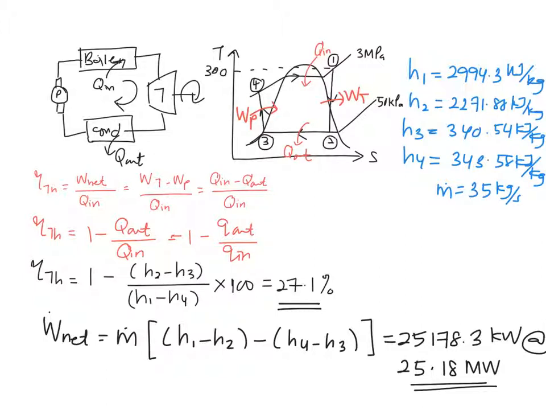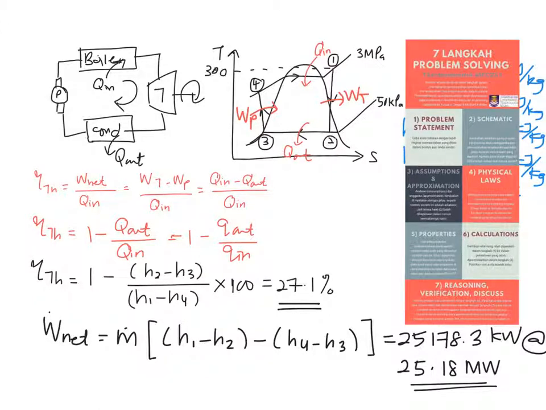So you see here the thermal cycle efficiency is very, very low, not even reaching 50%. It is about 1/4 of 100%, meaning that, what does it mean here, right? Remember that in the seven steps in problem solving, you need to verify or discuss your findings here. Why is it that you get not more than 30%?